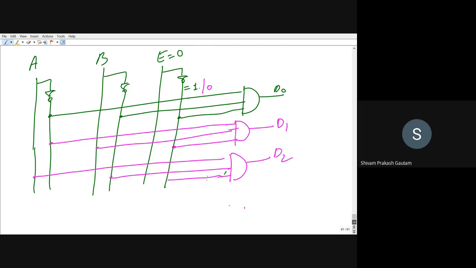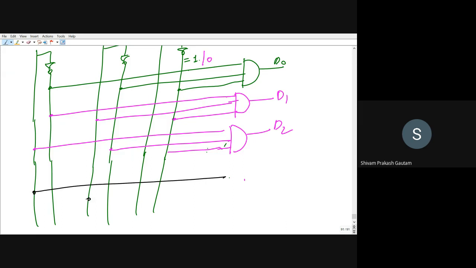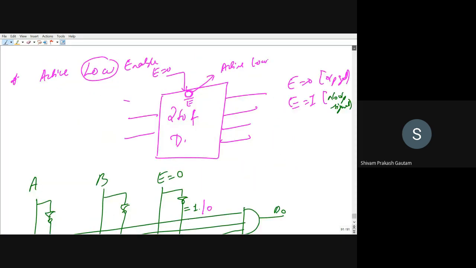Similarly, you can get D3 as well. For D3, A is equal to 1, B is equal to 1, and this is E bar. This will be D3. So this is called active high as well as active low enable.